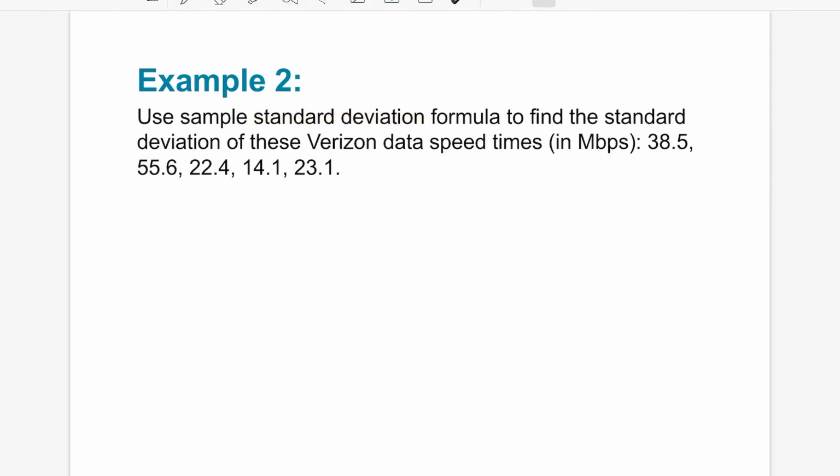Example 2. I need to find the standard deviation of this data set. To find the standard deviation, I will need to find the mean first. In the previous section, I already found the mean of this data, so I am just going to write it down. To find the sample standard deviation, I am going to use this formula.